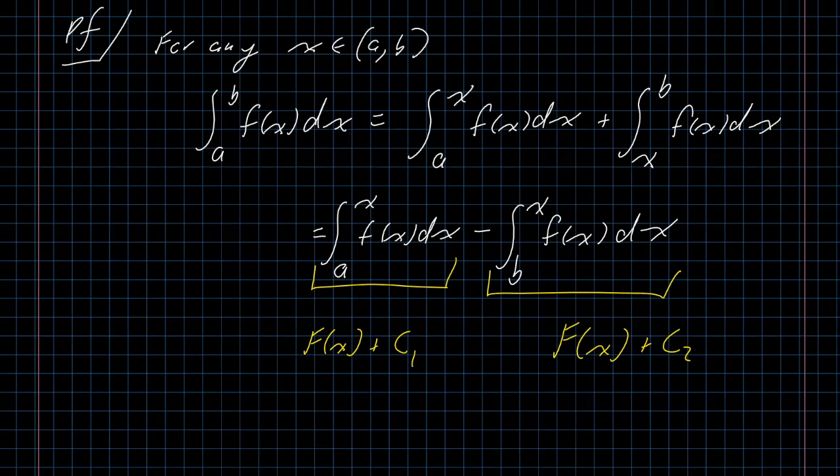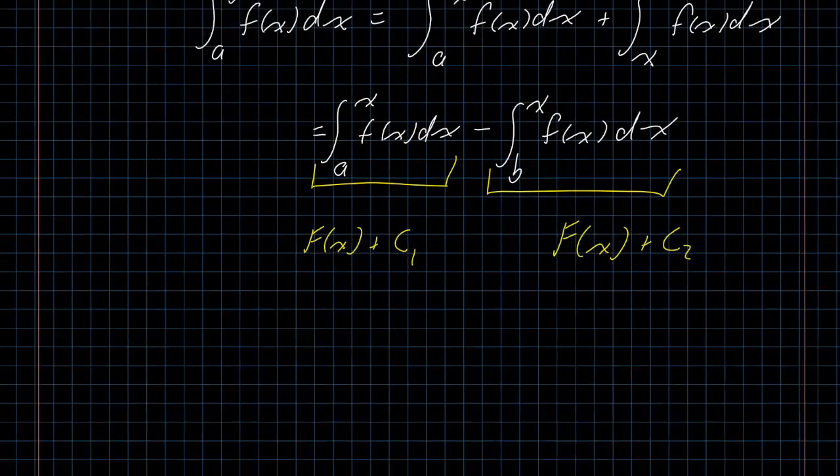And I know that the values of these accumulation functions are my big F of x plus C1 and my big F of x plus C2. And hey, I've got some subtraction going on here. So the big F of x's are going to cancel each other out, leaving me with C1 minus C2. This looks really promising. We can see that we have the difference of two things, and that's all we really need.